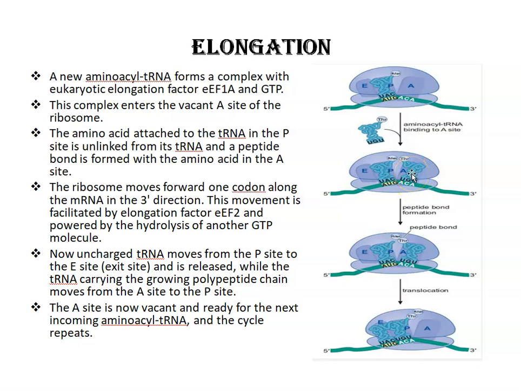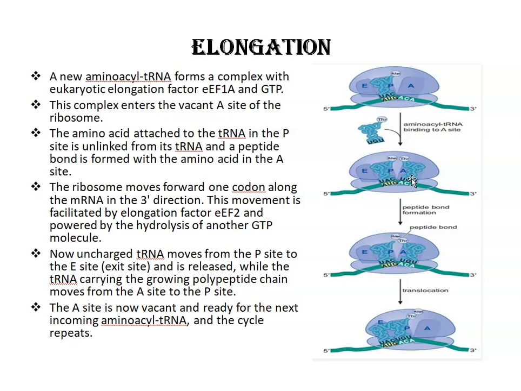This is the A site. Now, for a new round of peptide chain formation to occur, the P site tRNA must move to the E site, and the A site tRNA must move to the P site.